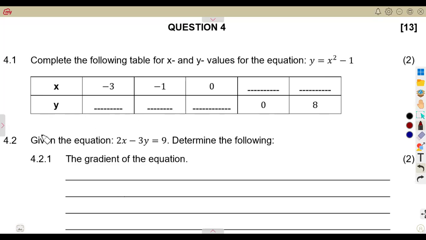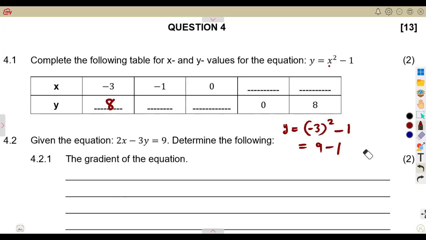We are given the x values, just put them into this equation. Y is equal to, in place of x, minus 3 to the exponent of 2, minus 1. So that's minus 3 squared, guys, which is 9 minus 1. And that was going to give us 8.